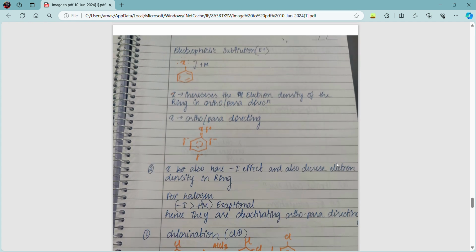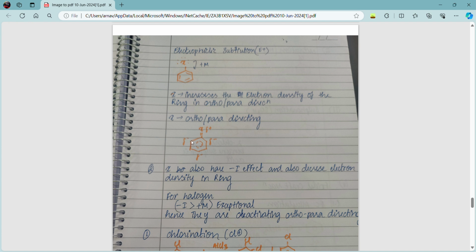For example, if you take aniline and react it with bromine, you get substitution at all three positions, two ortho and one para, that is 2, 4 and 6.